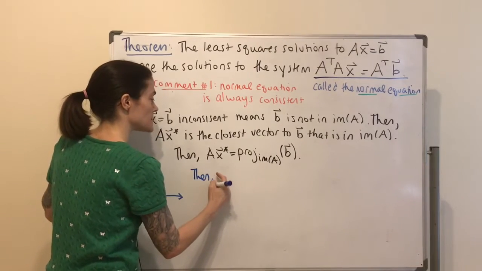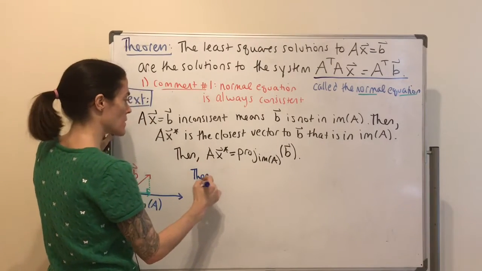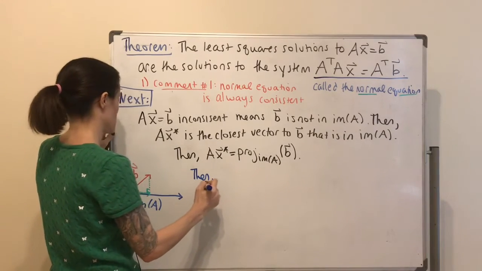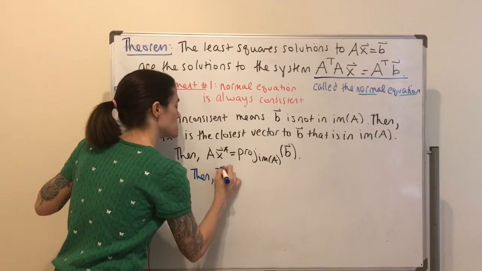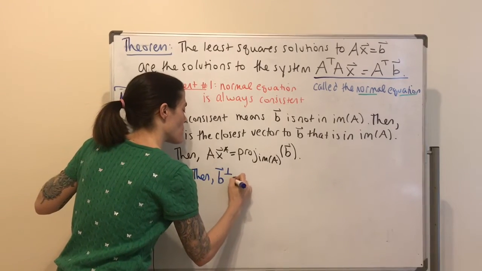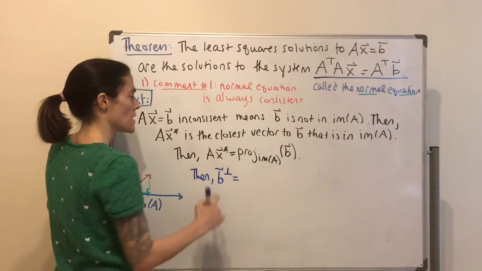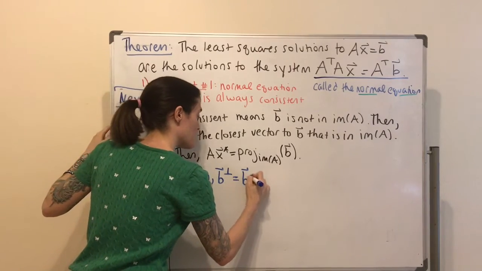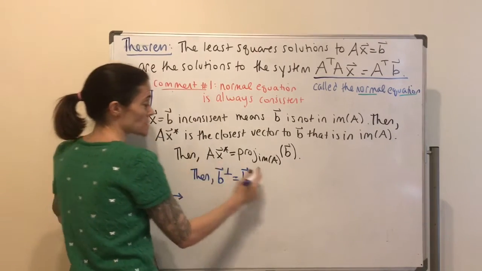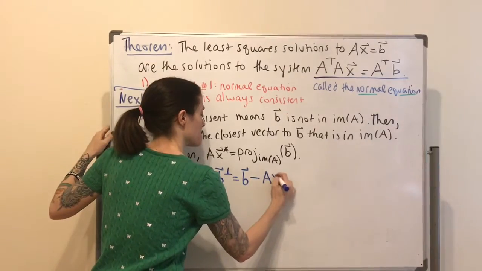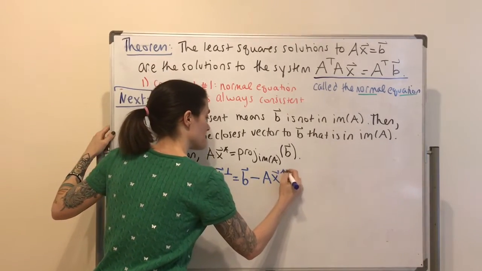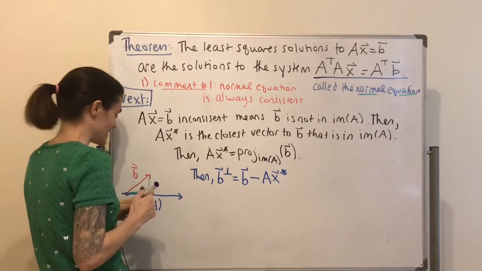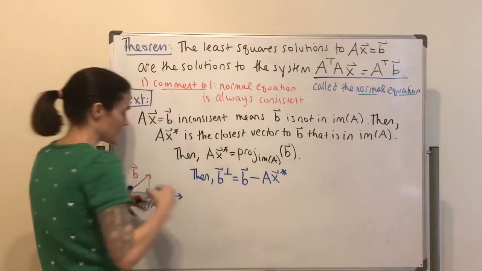If I take this, so I'm projecting b, you take the vector b minus the projection. Let's draw it on the picture. I'll do this one in black. It's this one.